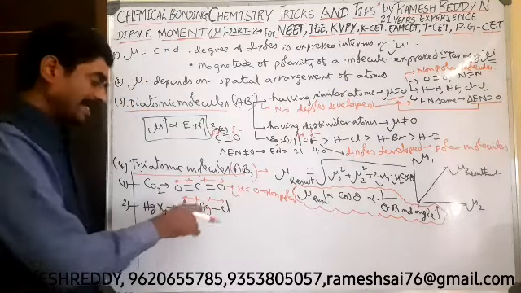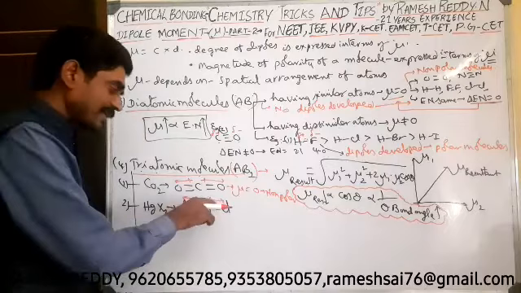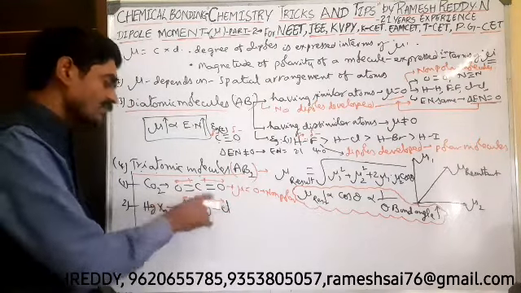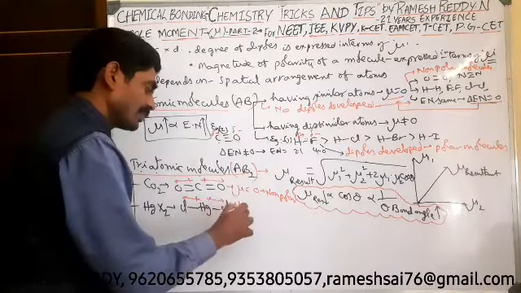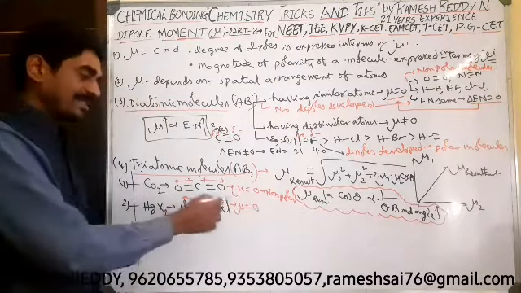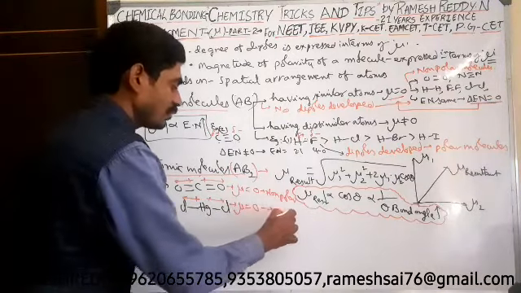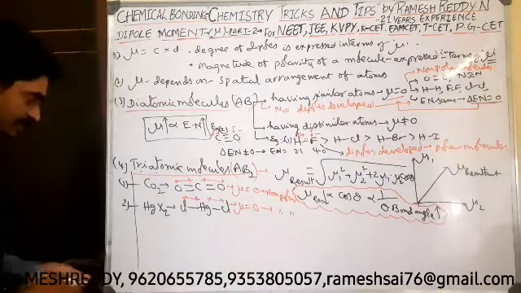Both dipoles have the same magnitude but operate in opposite directions, so both cancel each other. The net dipole moment is 0, and it is also a non-polar molecule, right.